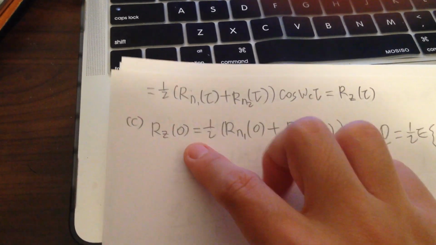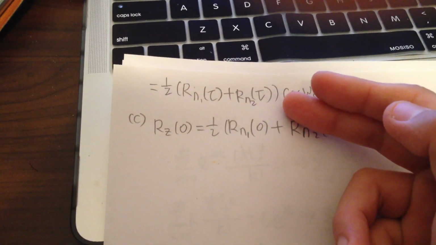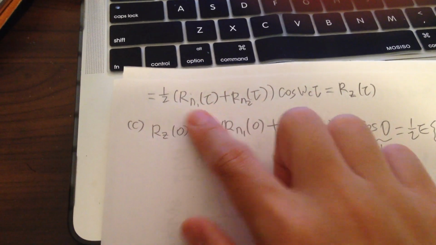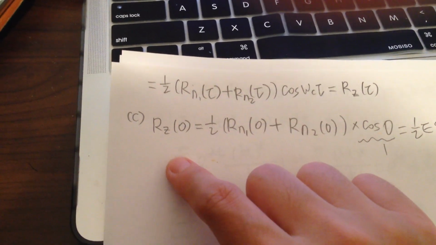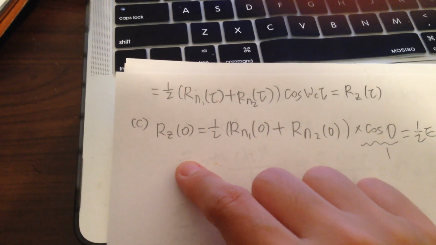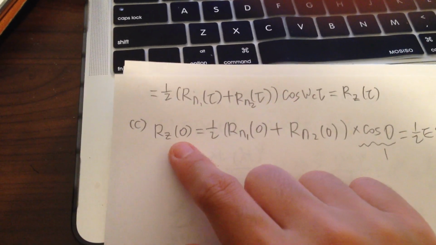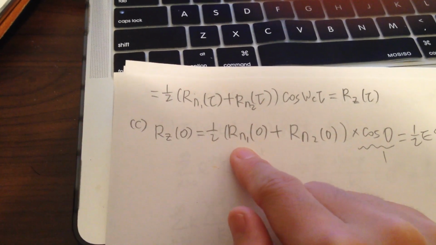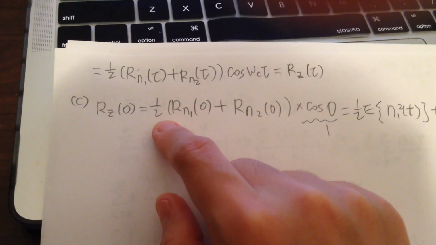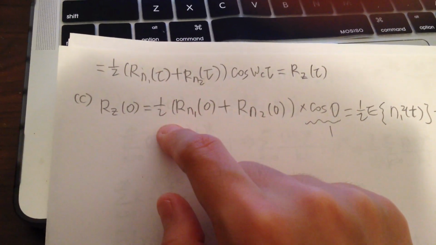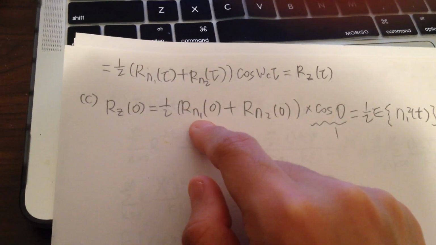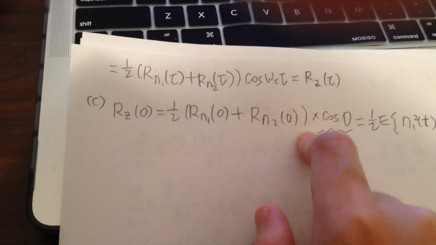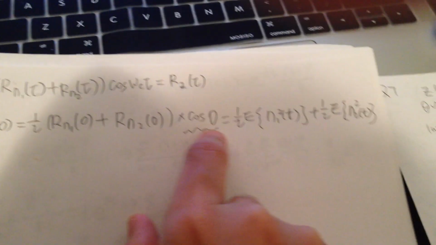And for the third part, we need to calculate R_Z(0). Since from the second part we already know this formula is the answer for R_Z(t1, t2), here we just need to plug in 0. So it equals 1 over 2 times R_N1(0) plus R_N2(0), times cosine 0.